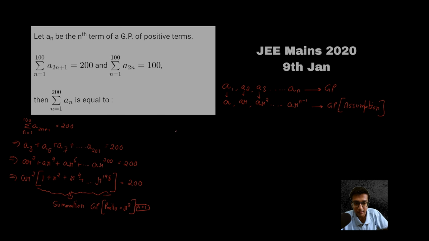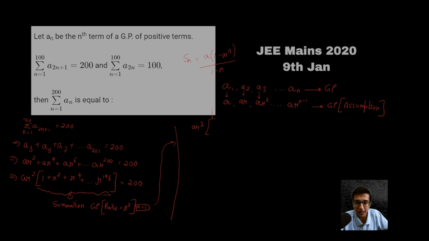Let's take this here. I hope you all remember the formula that we had studied of summation of n terms in a GP, which is A into 1 minus R to the power n upon 1 minus R. So we will use that formula here.